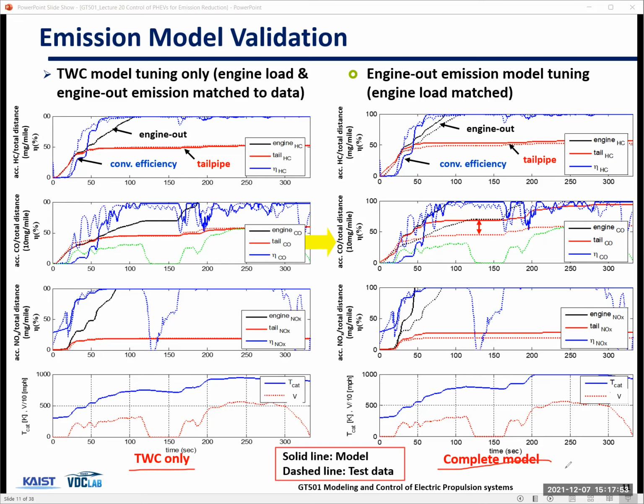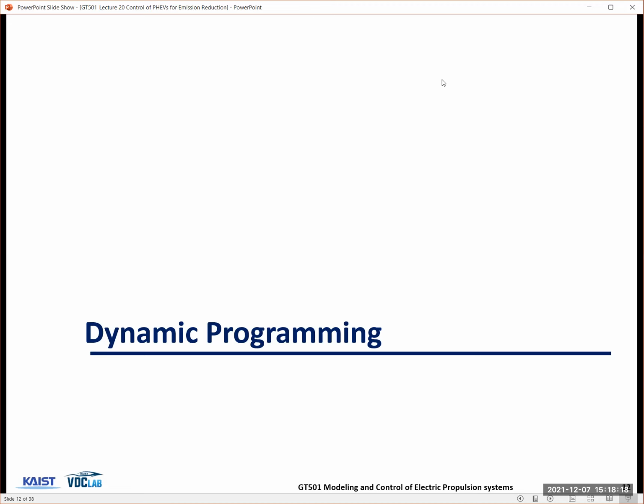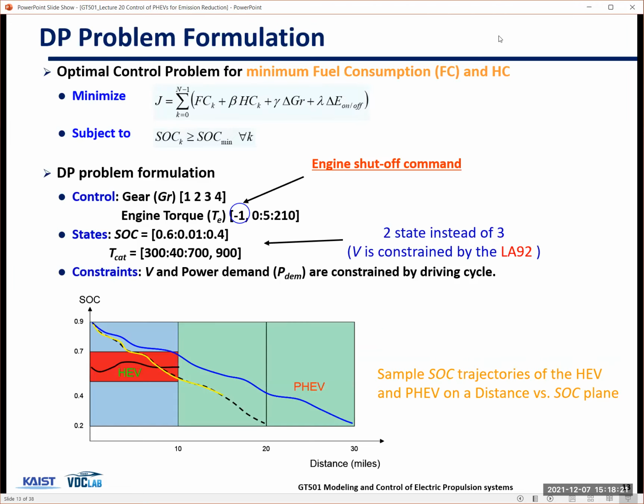So it's time for dynamic programming. Hopefully everybody is now familiar with dynamic programming, right? Everything is the same, but there is some difference. First of all, we introduced emission in the cost function.